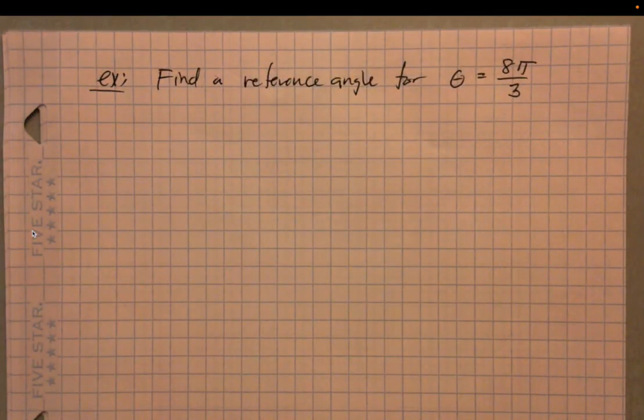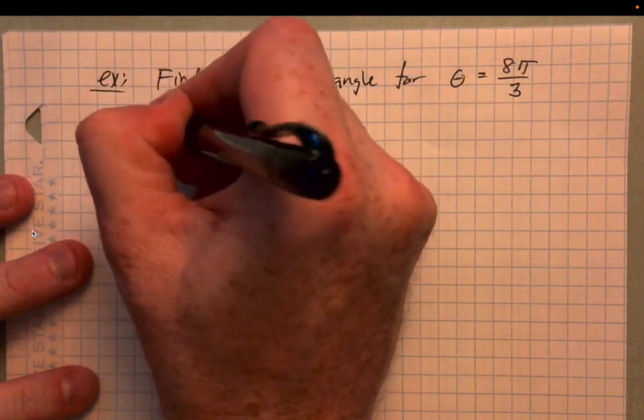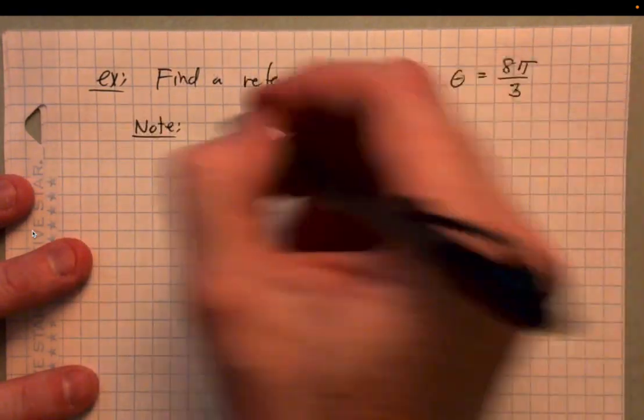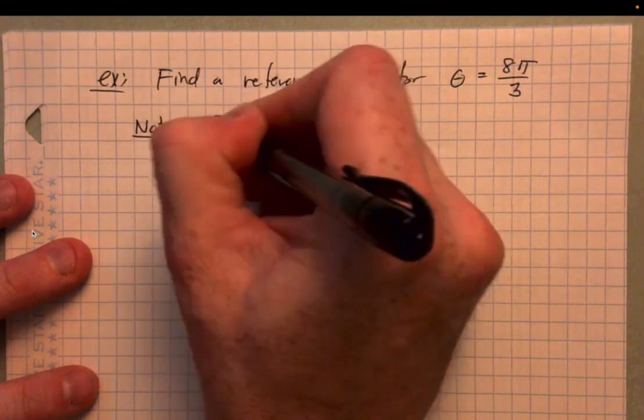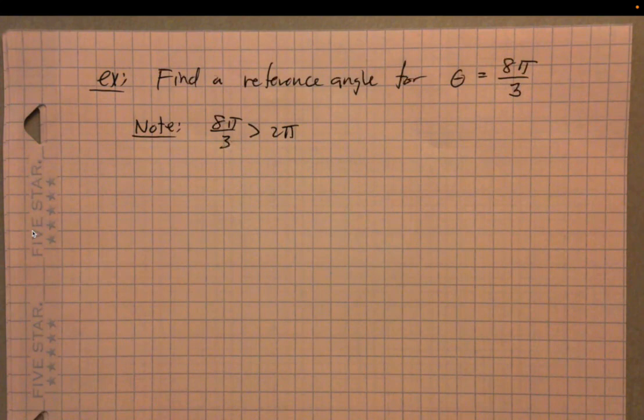Okay, so first, note that 8 pi over 3 is greater than 2 pi, right? So what that basically means is we're going to go around the circle more than once, right?